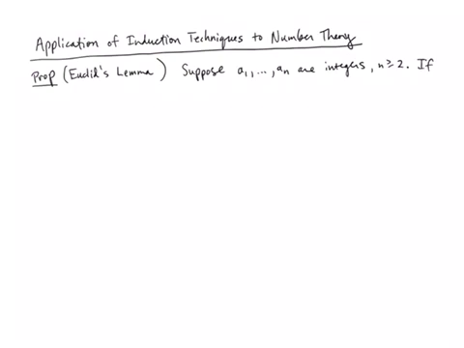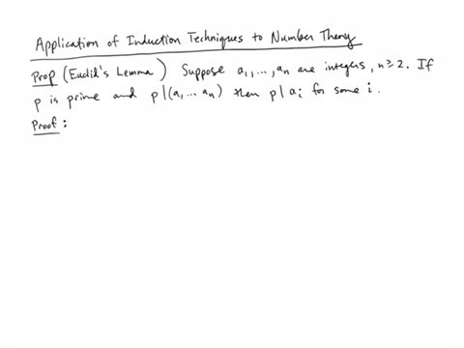If p is a prime, and p divides this product, the product of all of them, a1 through an, all multiplied together, then p has to divide at least one of them, for some i. Okay, so the proof is just by induction.